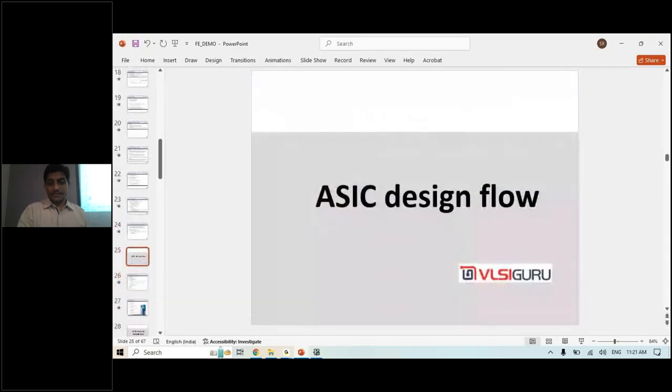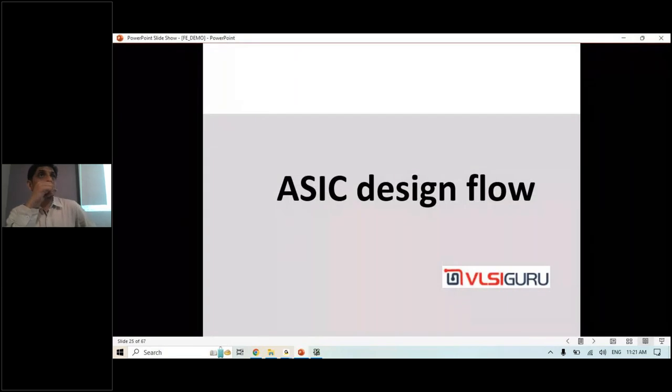Now let's understand the ASIC design flow. Before that, have you understood the difference between ASIC and FPGA? You got some idea, right? I don't expect you to be perfect with everything, but at least if I ask you what is ASIC, it's a style of VLSI development where you develop everything from scratch.